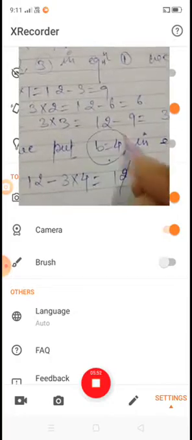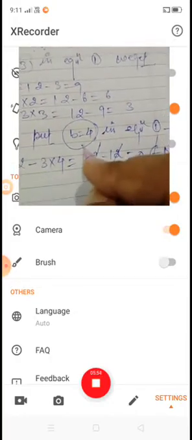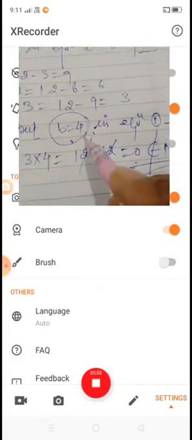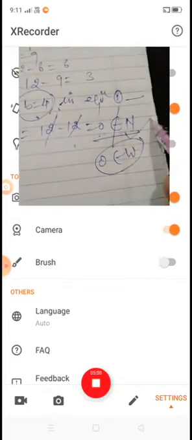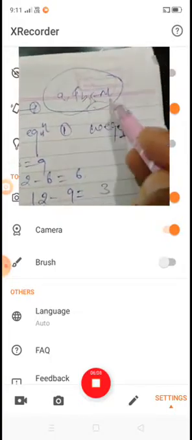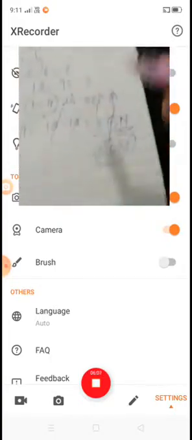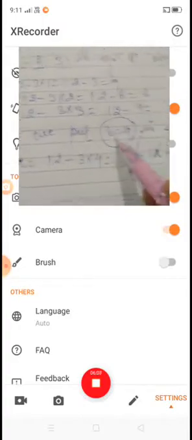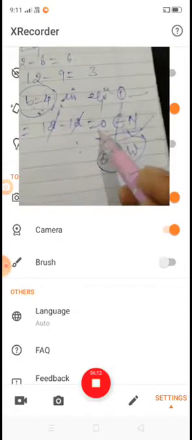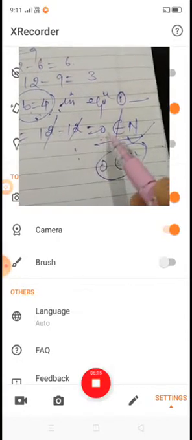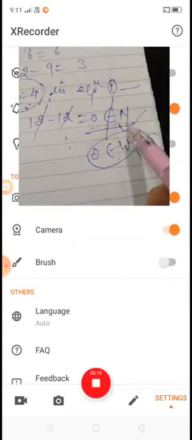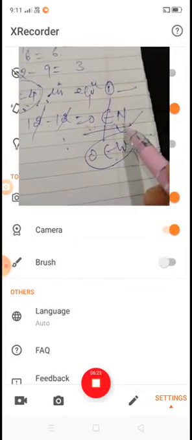So we don't take B is equal to 4, because according to the given context, A and B both belong to natural numbers. If we put B is equal to 4, we get A is equal to 0, which is a whole number, not a natural number.